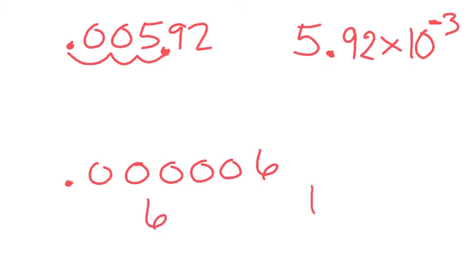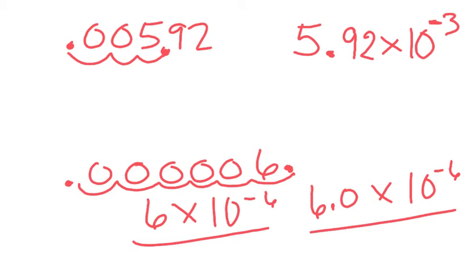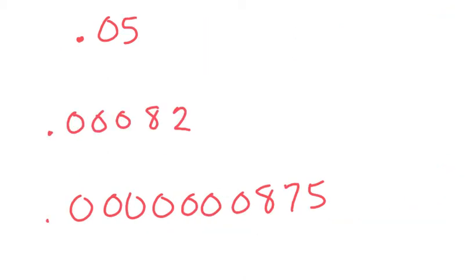If you want to, you can put a 6.0. Doesn't make any difference. We're going to have a times sign, a 10, and then we're going to figure out our exponent, because our new decimal is here. So we're going to find our exponent by counting 1, 2, 3, 4, 5, 6. But it's negative 6. Why? Because this is a number smaller than 1. This answer is great. This answer is great. Both are acceptable.